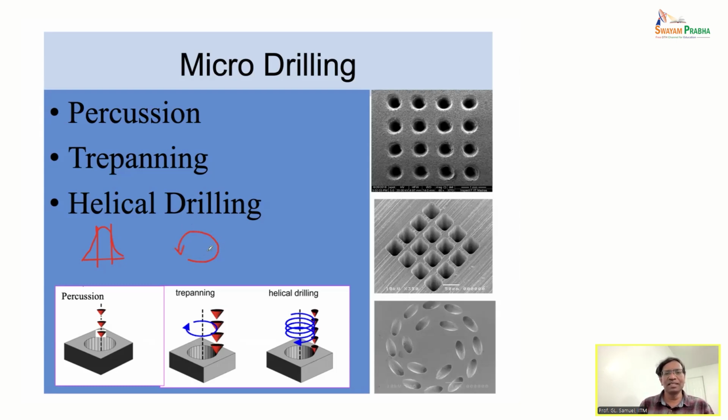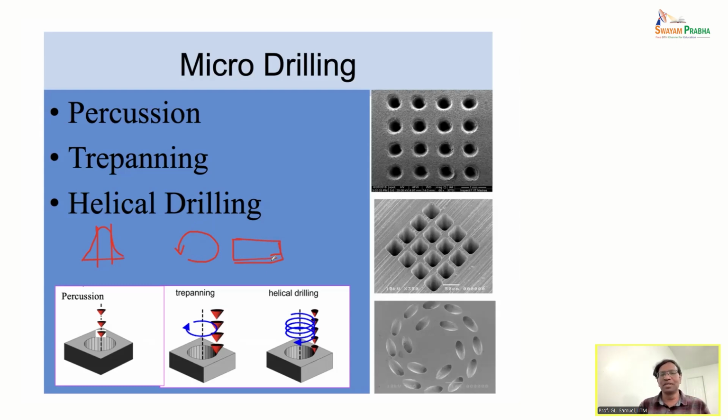So the laser is cutting along the circumference, and then the material will be removed. But now there will be another problem. If you have a thick material, we cannot cut the whole thickness in one stretch. So we need to remove it layer by layer.